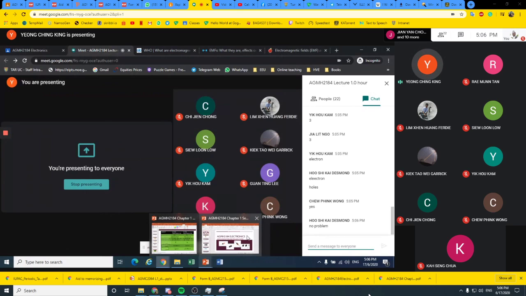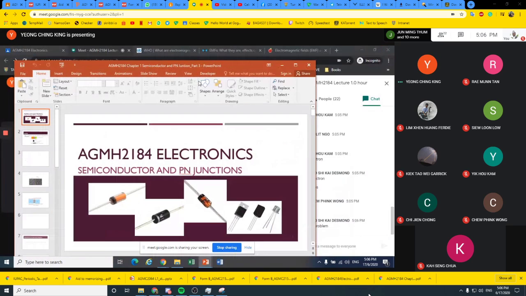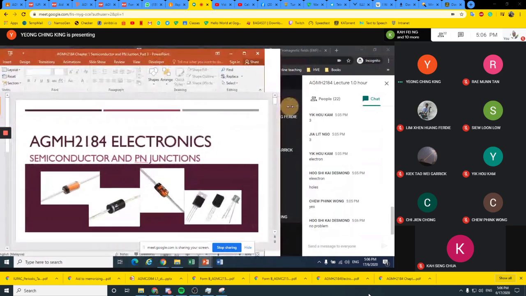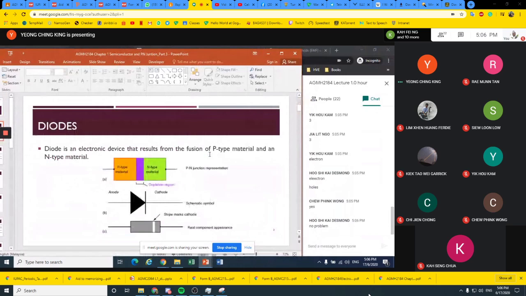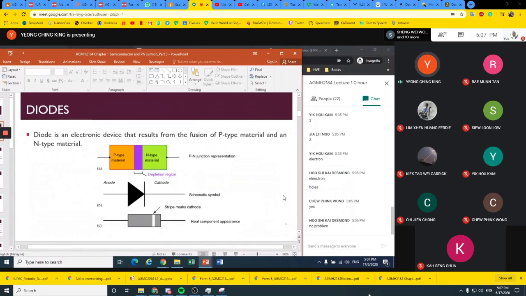Okay, next we will look at the diode. Okay, diode. So this part is to study the characteristic and working principle of diodes.